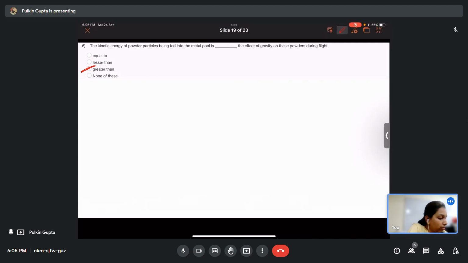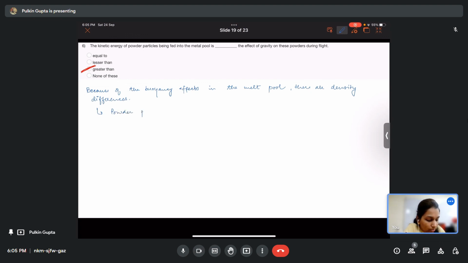Because of the buoyancy effects in the melt pool, there are density differences. Now, as a result, powder particles may move out.